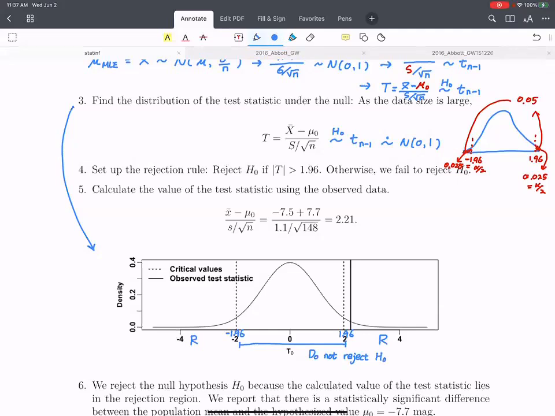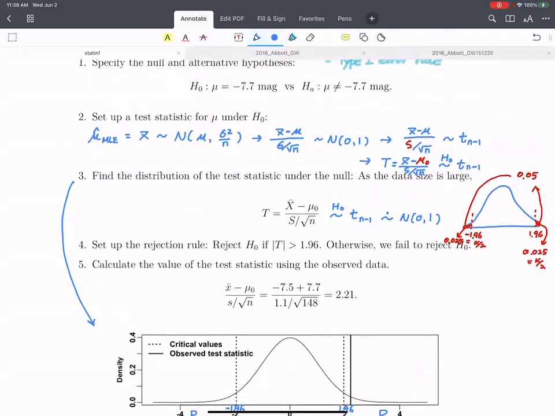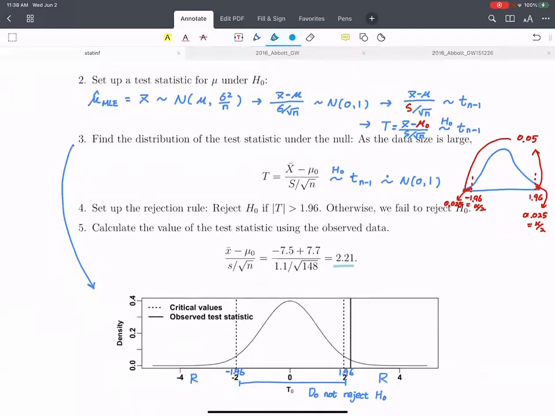If the test statistic under the null falls in this area, we do not reject the null. But if the test statistic is lying in the rejection region, then we will reject the null. And to determine that, we need to calculate the specific value of the test statistic. So I enter all the numbers given in the problem to get this 2.21.